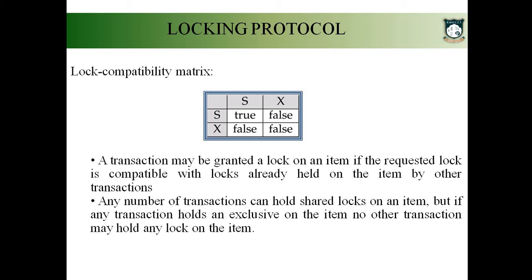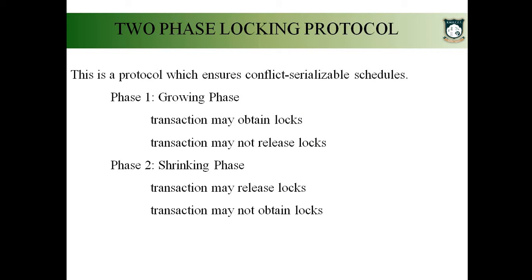The transaction has to wait till the lock has been released. Till then the requesting transaction has to wait. Hope it is clear for you. So this is the compatibility matrix. Next we are going to discuss a type of locking protocol called two-phase locking protocol. As the name says, it has two phases, growing phase and shrinking phase.